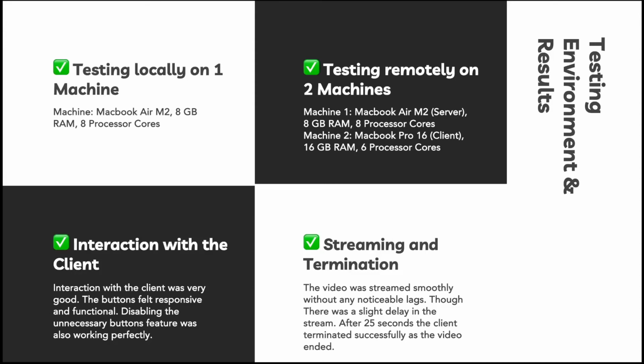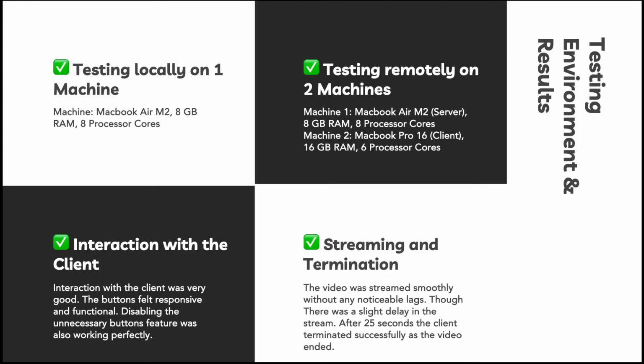First up, we tested it on one local machine, the MacBook Air M2 that I'm currently recording this video on, and then we tested it on two machines connected remotely by making the MacBook Air M2 a server and the MacBook Pro a client, and it works seamlessly. The interaction with the client was also good.